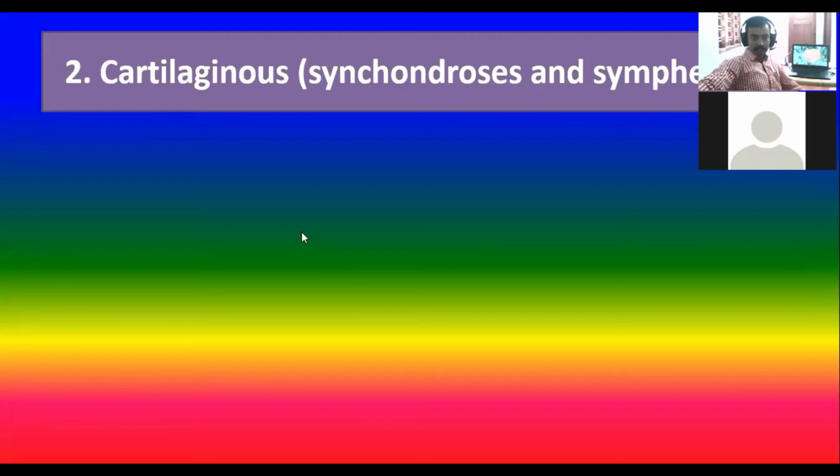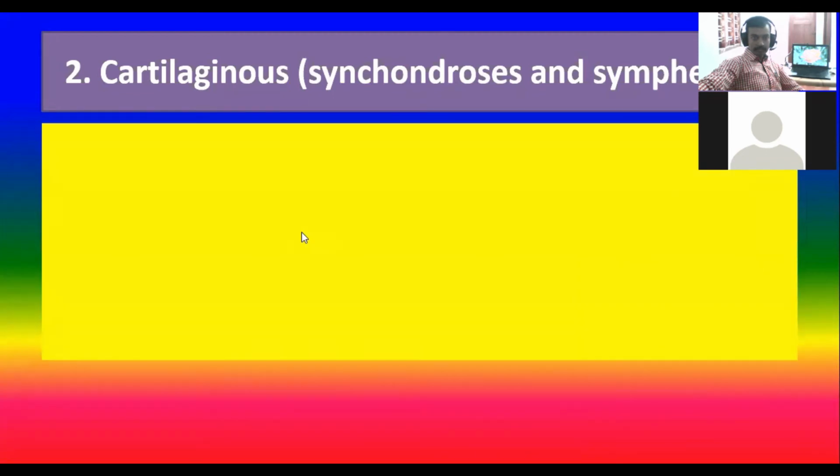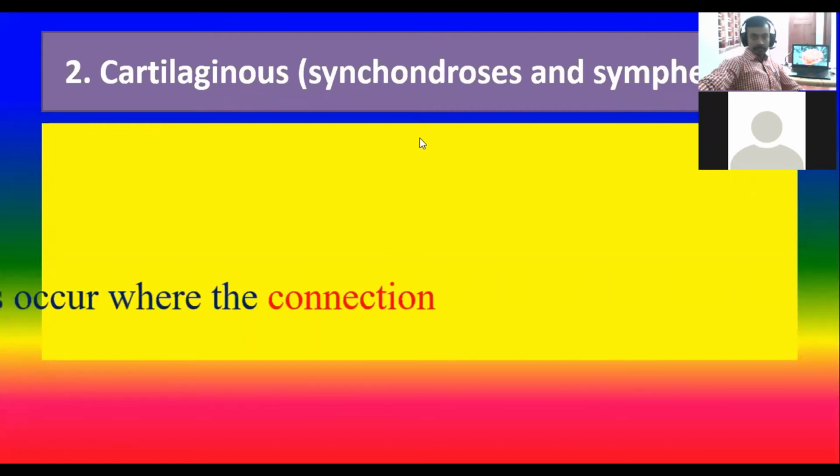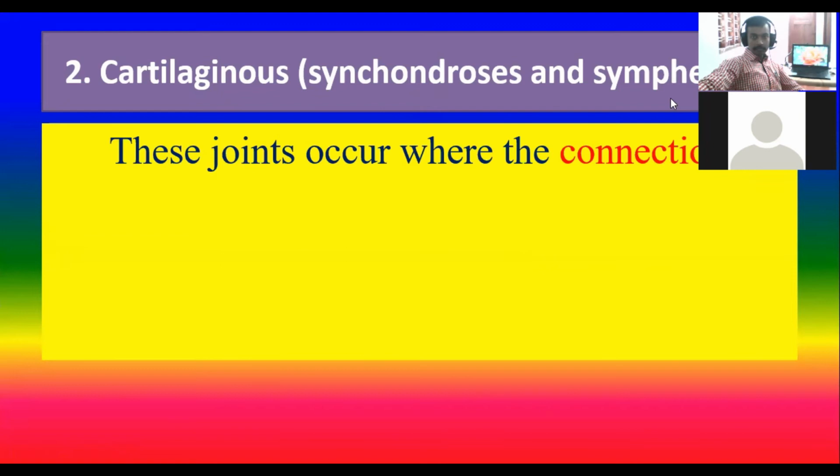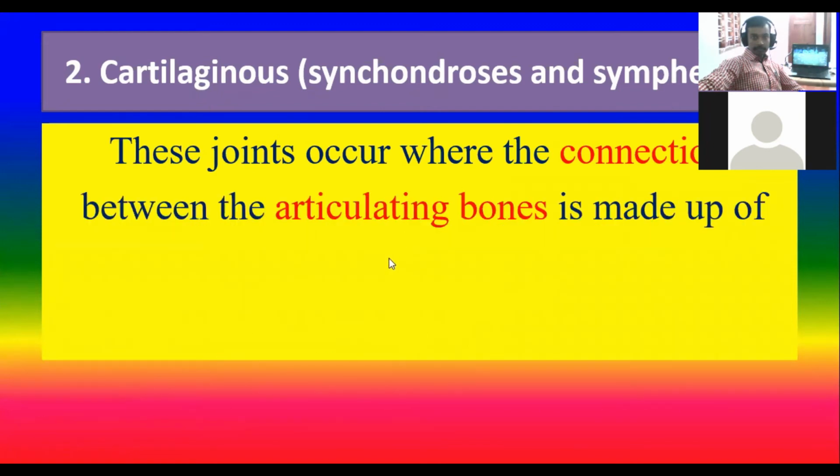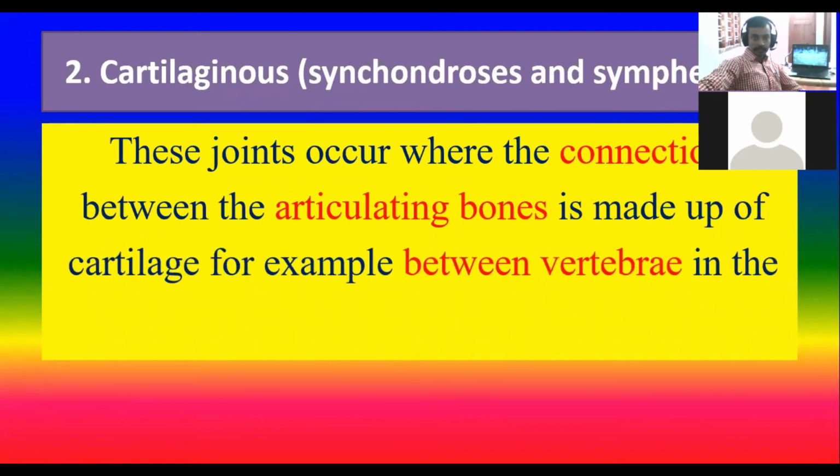Second, cartilaginous: connection between articulating bones made up of cartilage, for example between vertebrae.